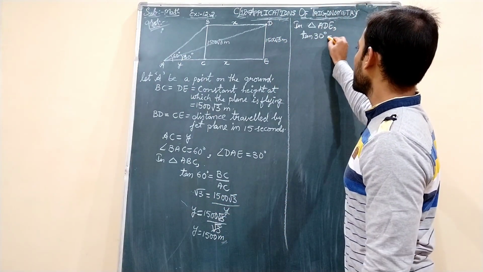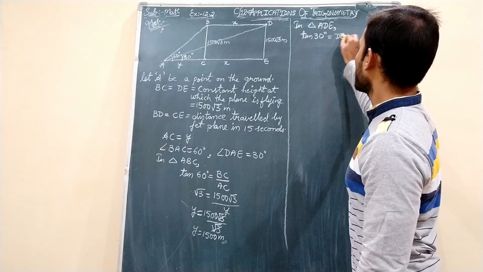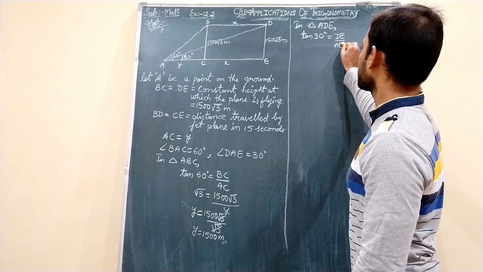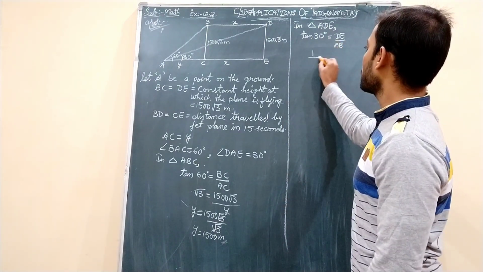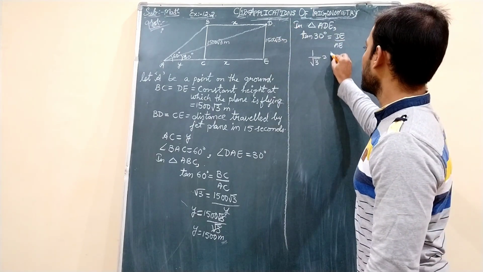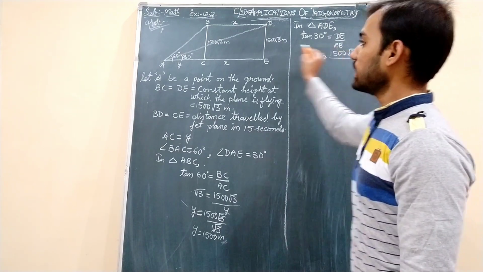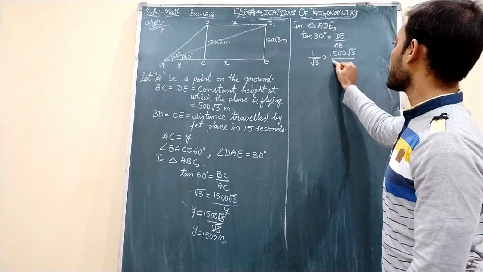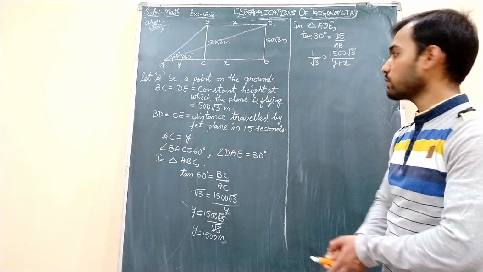So tan 30 degrees is equal to the opposite side DE divided by the adjacent side AE, students. Tan 30 value is 1 by root 3. DE value is 1500 root 3, which is given in the question. And AE, from here till here, is Y plus X. That we will write. Now we will do the cross multiplication.